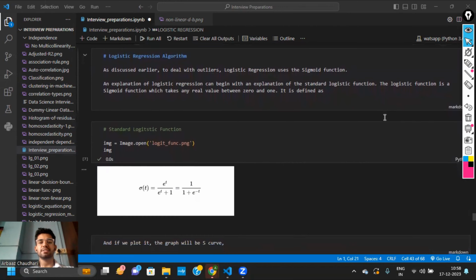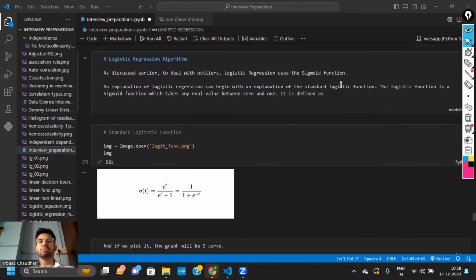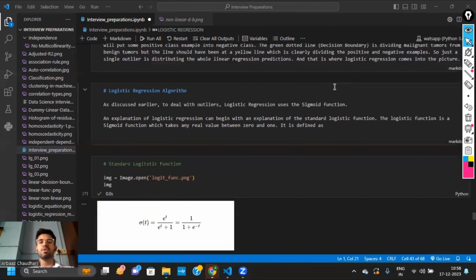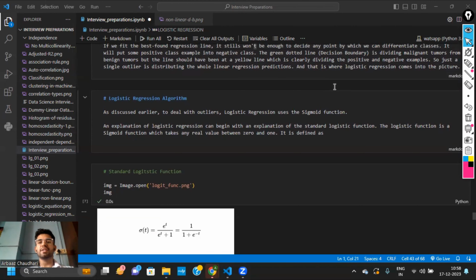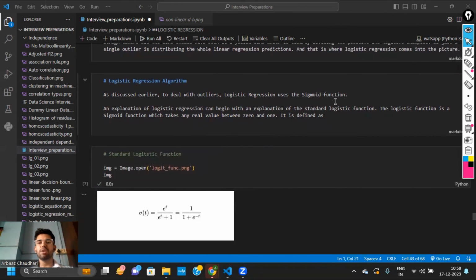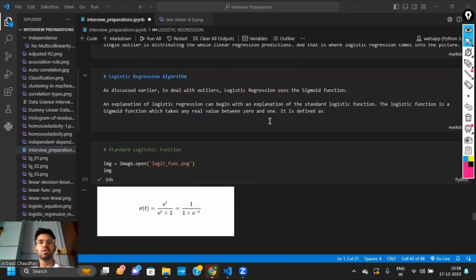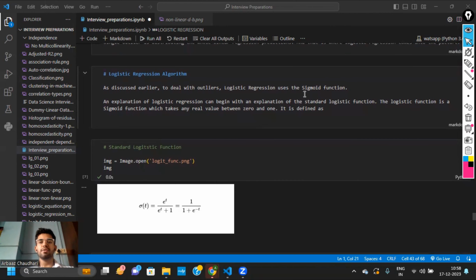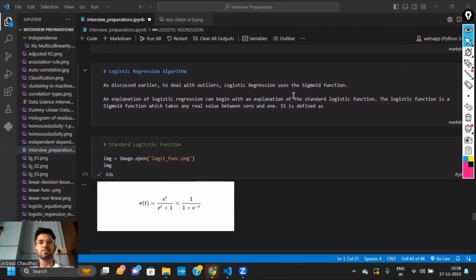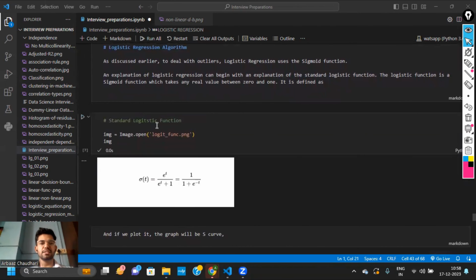Because of the sigmoid function, the values which we were getting in linear regression as continuous y values, now we will be getting in a range of 0 to 1. So you have to keep in mind this sigmoid function in logistic regression, which is very important.